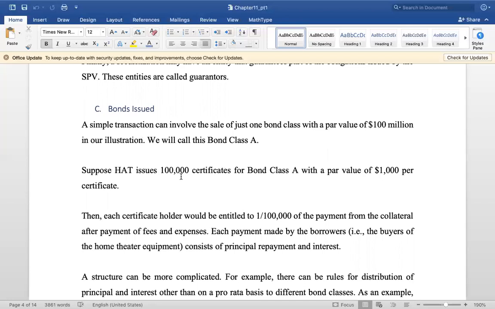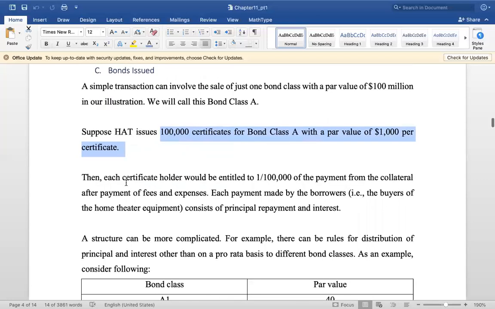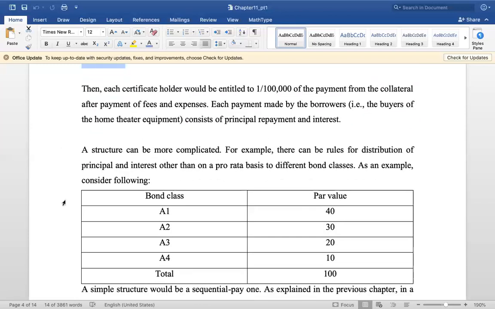We will call this bond class A. The SPV here issues 100,000 certificates for bond class A with a par value of 1,000 per certificate. Then each certificate holder would be entitled to 1 by 100,000 of the payment from the collateral after payment of the fees and expenses. Each payment made by the borrower consists of principal and interest.